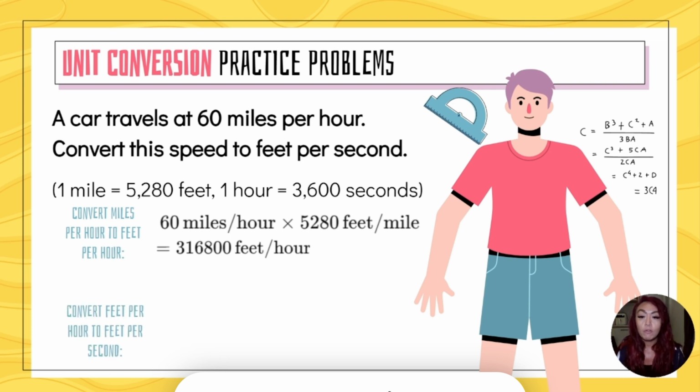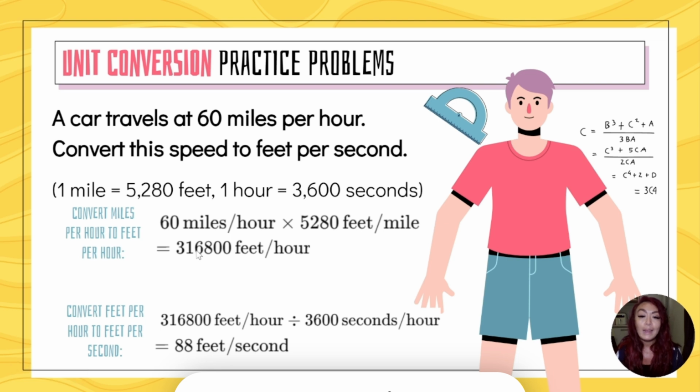Now we have to convert feet per hour to feet per second. To do that, we're going to take 316,800 feet per hour and divide it by 3,600 seconds per hour. And from that, we get 88 feet per second.